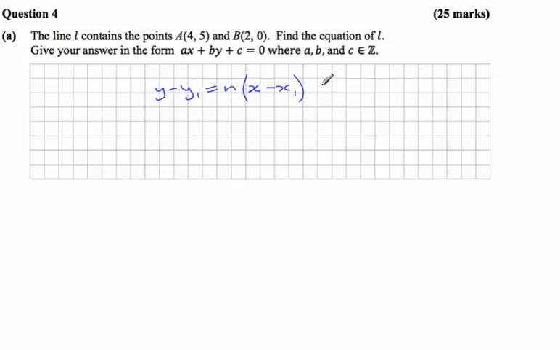In order to use this formula we need to know (x1, y1), which is any point on the line. We have 2 points on the line, so that's already in place. The other thing we need is m, which is the slope. The slope has a formula itself, again in the tables book: m = (y2 - y1) over (x2 - x1).